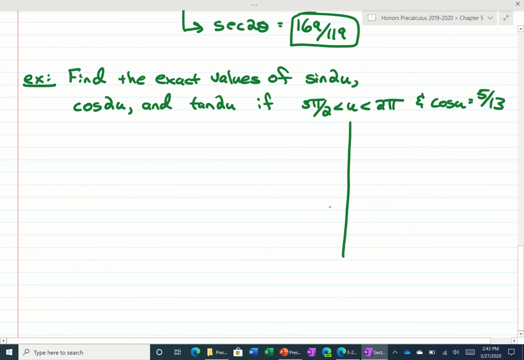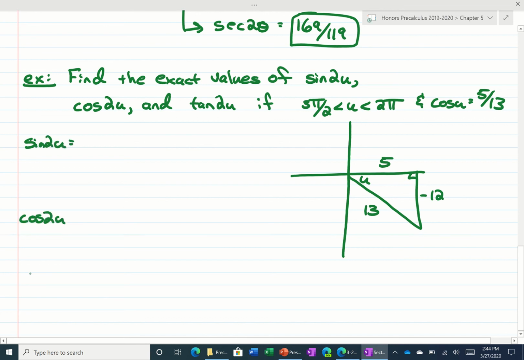This part says our u is between 270 and 360 degrees, which is over here. And we know the cosine of u is 5 over 13. So using special triangles or Pythagorean theorem, we know that this would be negative 12. So now let's figure out what the sine of 2u, the cosine of 2u, and the tangent of 2u are. It's not hard to do.